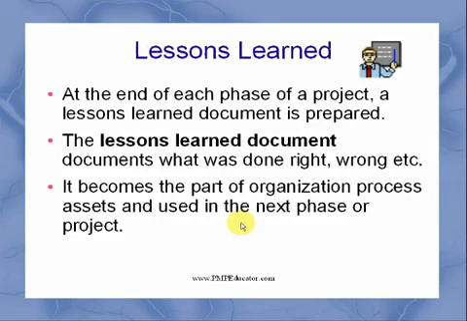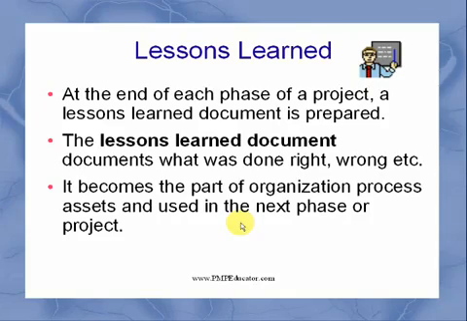So about lessons learned: when you go through your project for the whole life cycle, you have learned several lessons while going through the execution of your project, and at the end of each phase of a project, a lessons learned document is prepared.